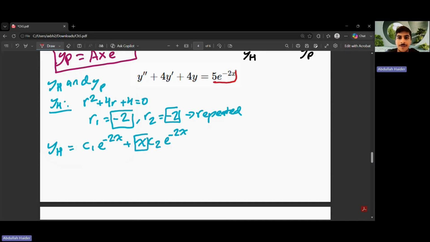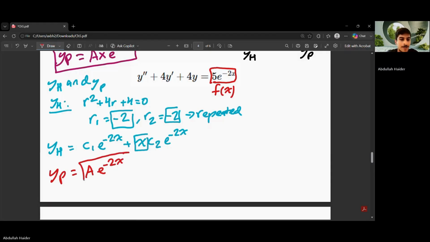Now, over to yp. This is your f of x. And for yp, let's consider 5 to be A, and the rest is the same: A e power negative 2x. So now you need to check if f of x appears in yh or not, and how many times.